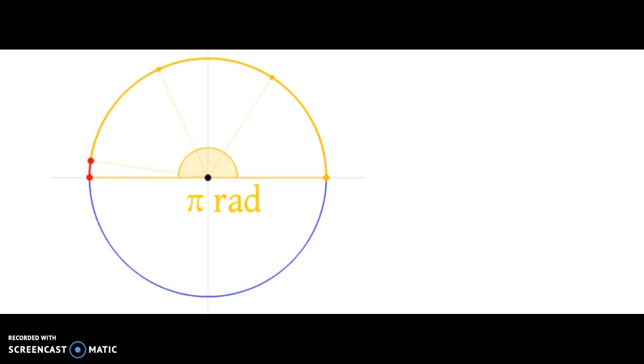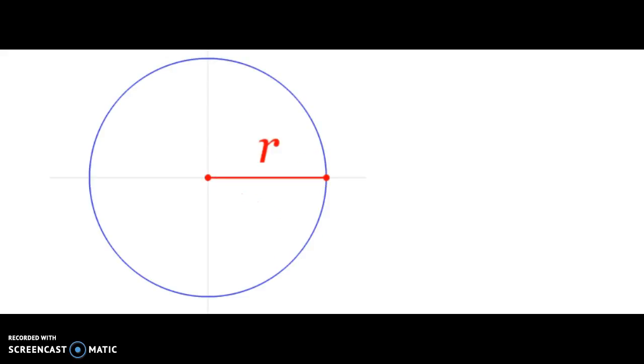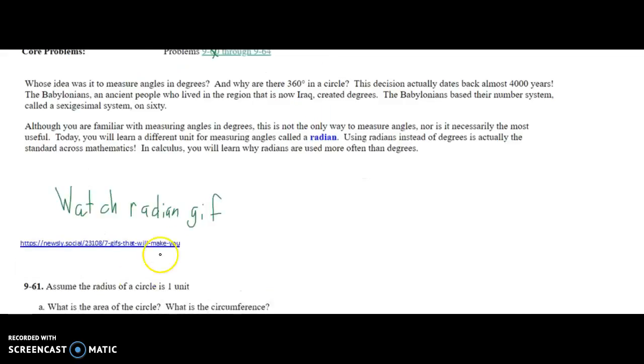So pi radians makes up half a circle, in other words 3.14 radians. For a full circle, we have 2 pi radians. This is another way we can measure different spots on a circle, and we'll continue to look at radians as we go.